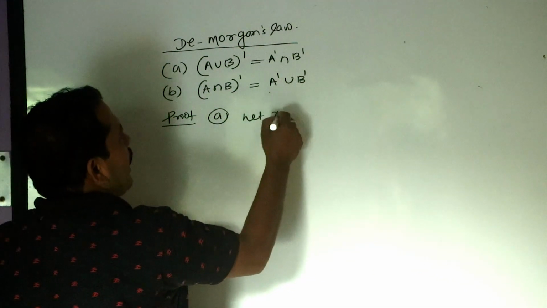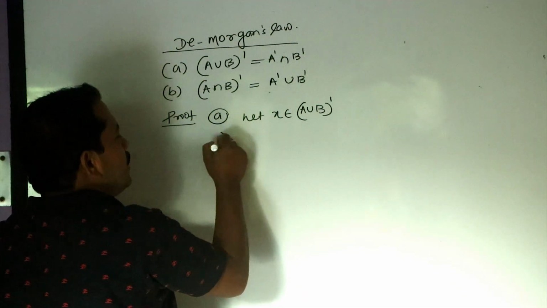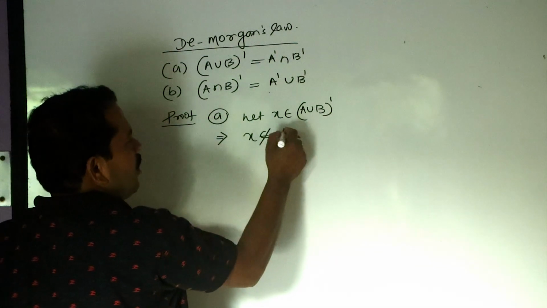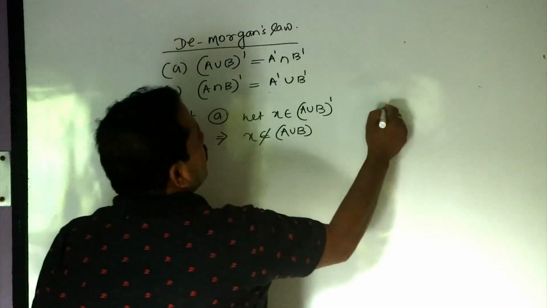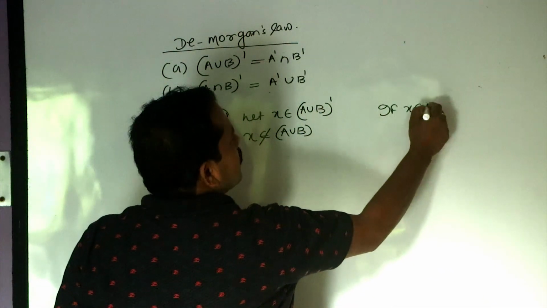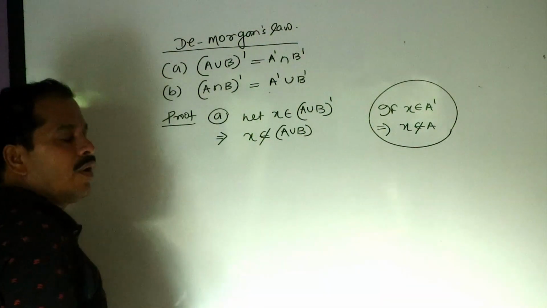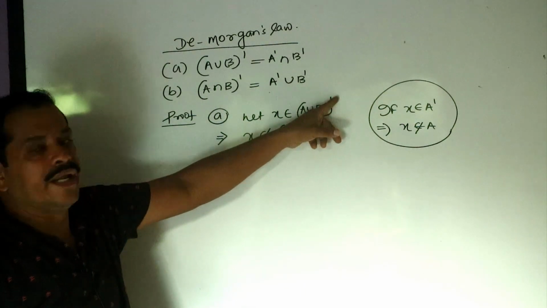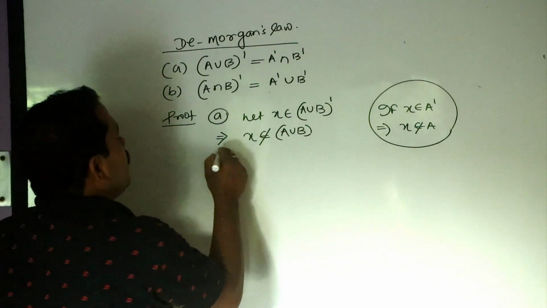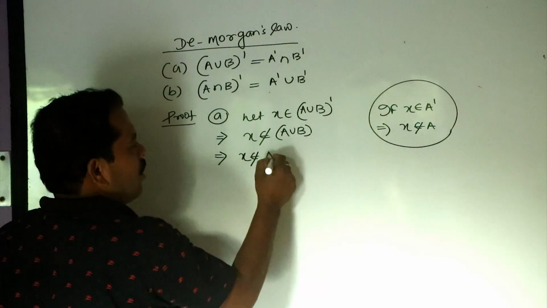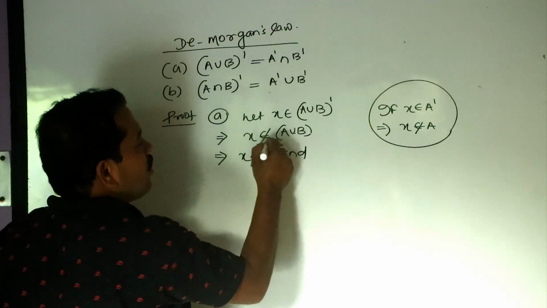Let x belong to (A union B) whole dash. This implies x does not belong to A union B, because we know that if x belongs to A dash, we write x does not belong to A. So if x belongs to (A union B) whole dash, we write x does not belong to A union B. This implies x does not belong to A AND x does not belong to B. Instead of union, we write AND, because here it is does not belong to.